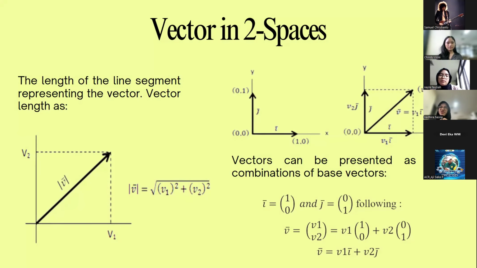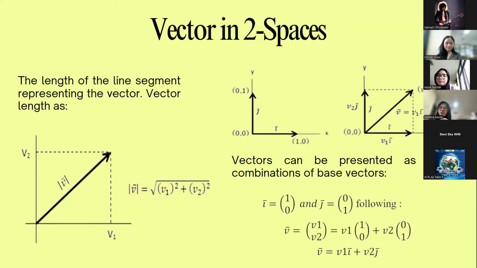Next is vectors in two spaces. The length of the line segment representing the vector, or we can call it the norm of a vector V, equals the square root of V1 squared plus V2 squared. As we can see in the picture on the right, vectors can be presented as linear combinations of base vectors.